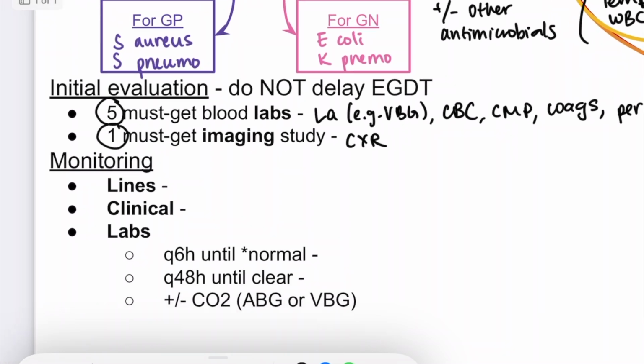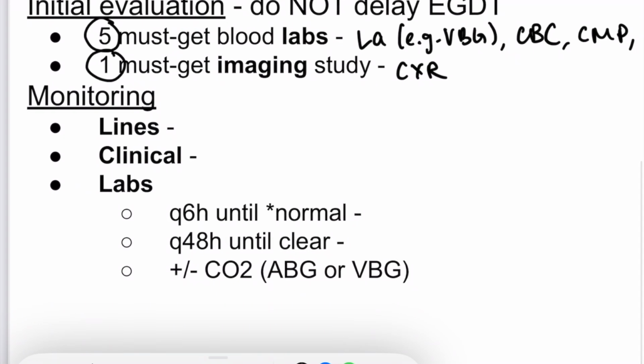The next step is to consider what monitoring you'll need in these initial phases. So in terms of lines, we talked about plus or minus a central venous catheter, and same with plus or minus an A line or an arterial line. This will depend on how severe the sepsis is and goes beyond the scope of today's talk. The next thing is to consider clinical signs you want to monitor.